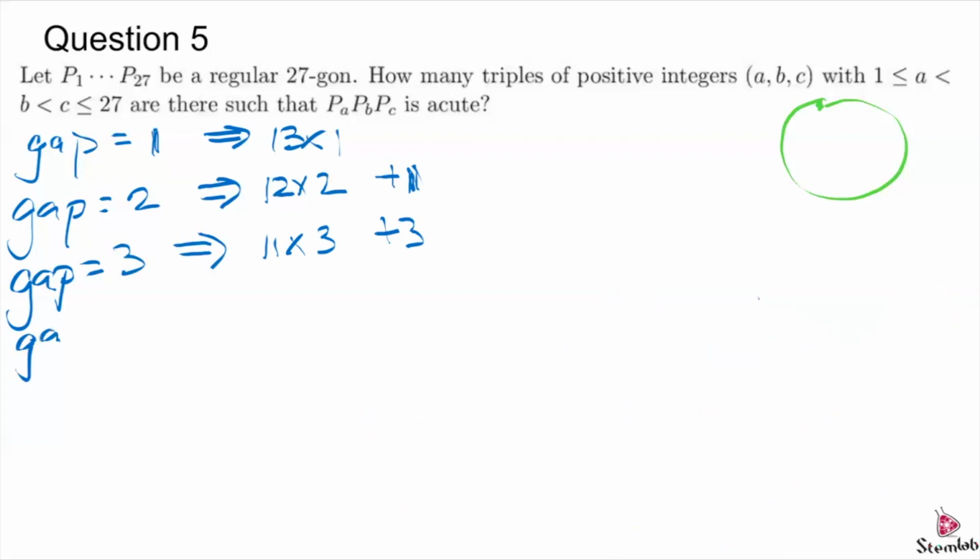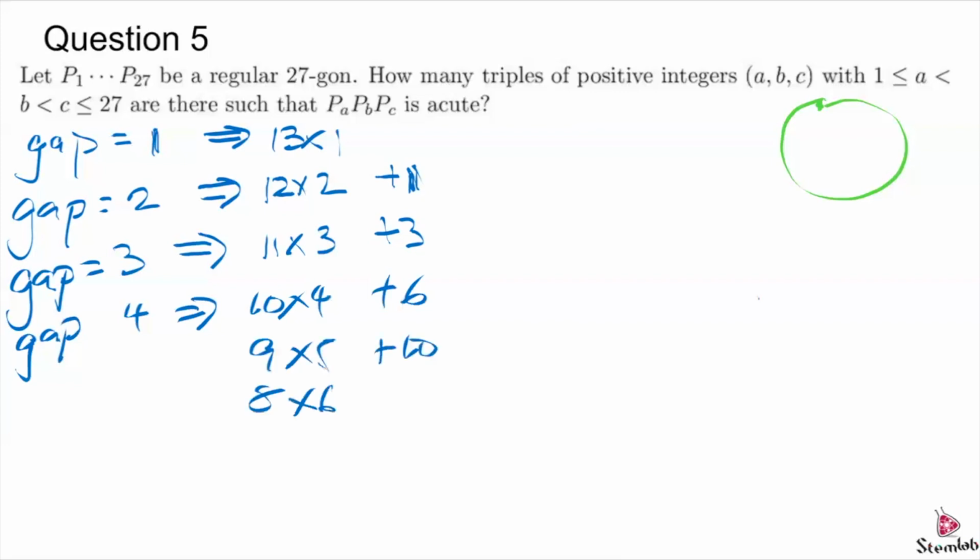Gap 4 equals 10 times 4 plus 6, then 9 times 5 plus 10, 8 times 6 plus 15, all the way to 1 times 13 plus 12 times 13 over 2.